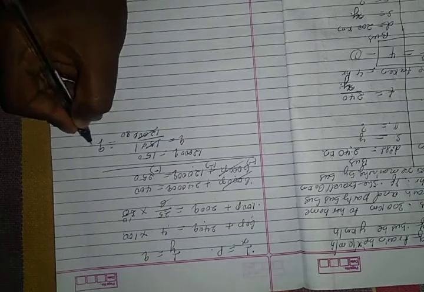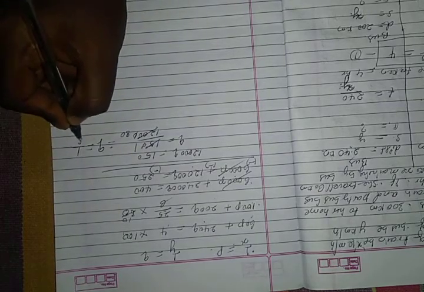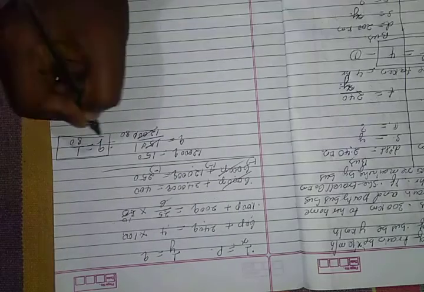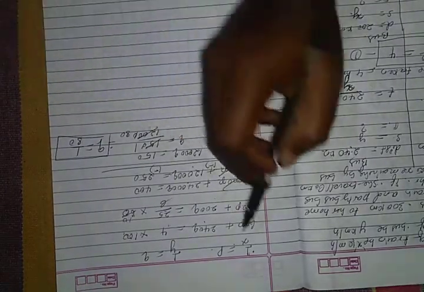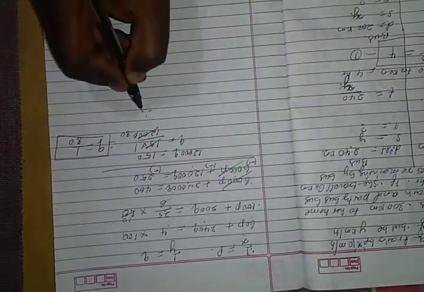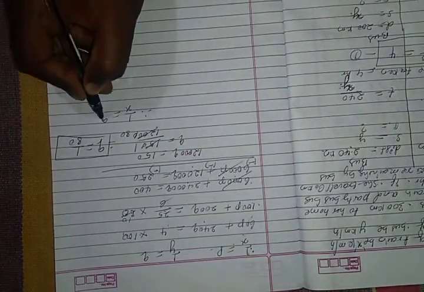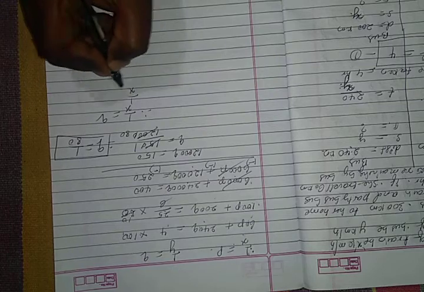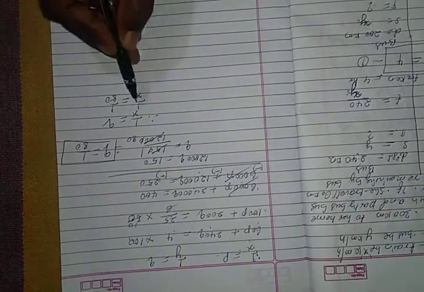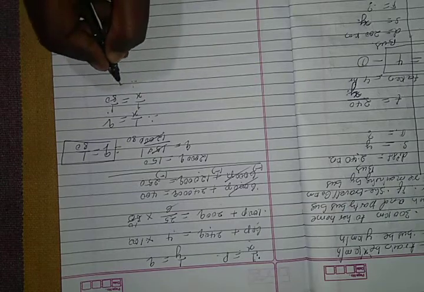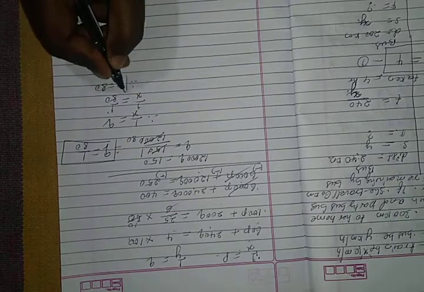Therefore, q is equal to 1 divided by 80. Let us find the value of x. Therefore, 1 divided by x is equal to q, and the value of q is 1 divided by 80. Here the numerator is the same. Therefore, x is equal to 80.